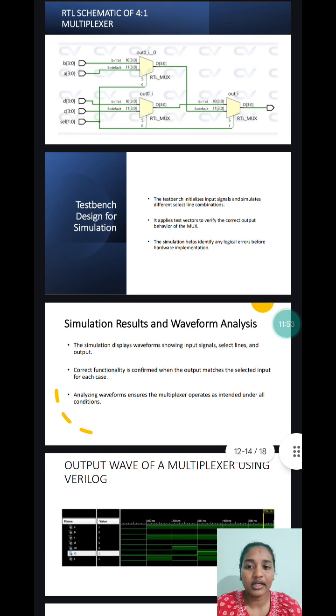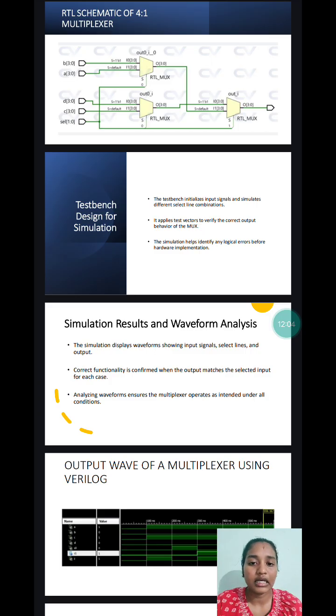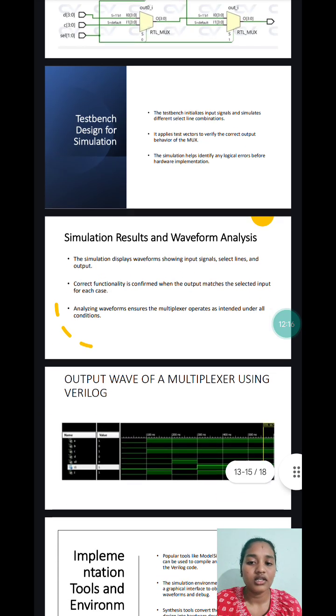Test bench design for simulation. The test bench initializes input signals and simulates different select line combinations. It applies test vectors to verify the correct output behavior of the mux. The simulation helps identify logical errors before hardware implementation.